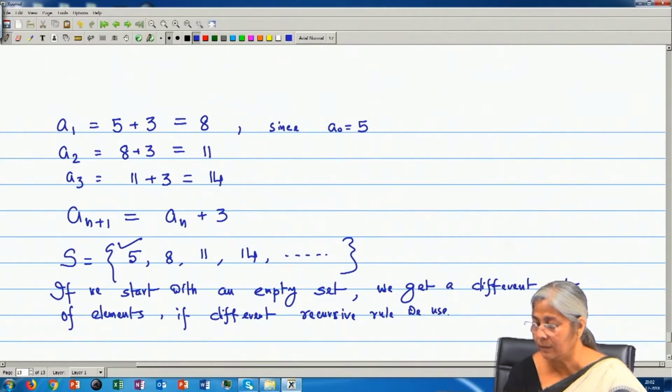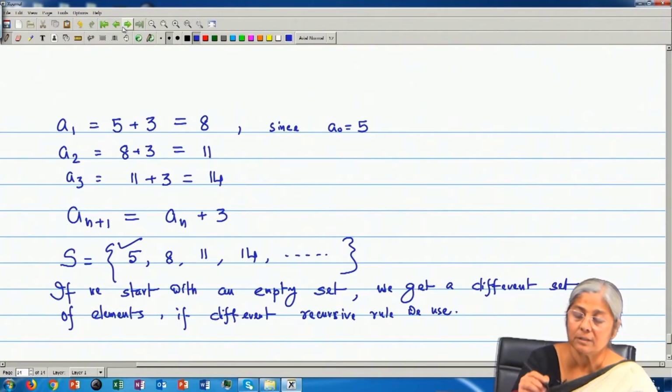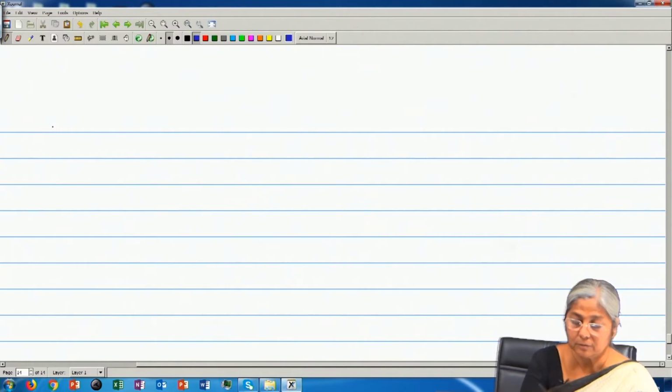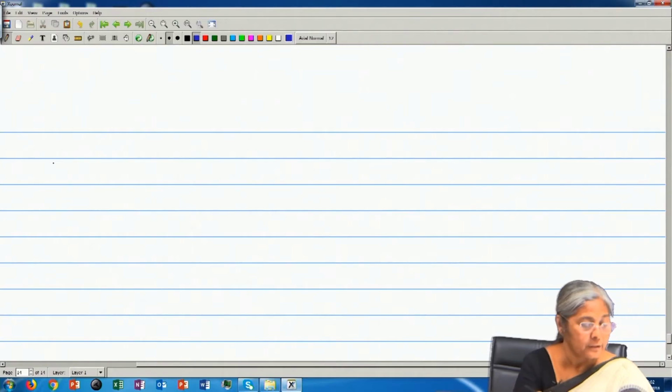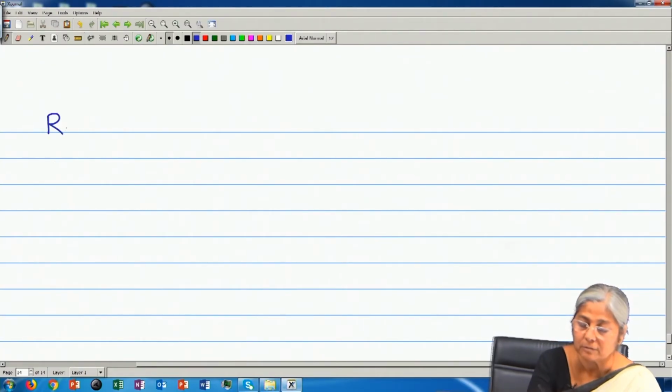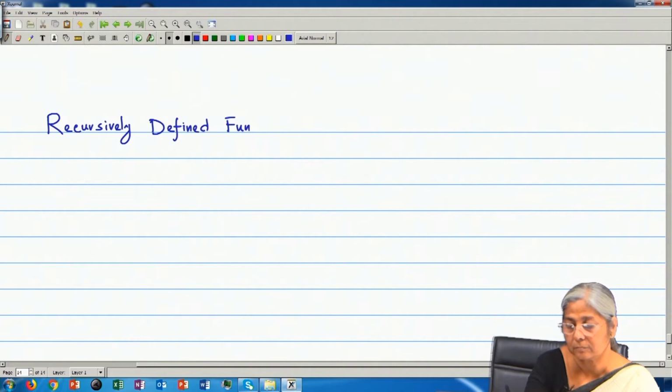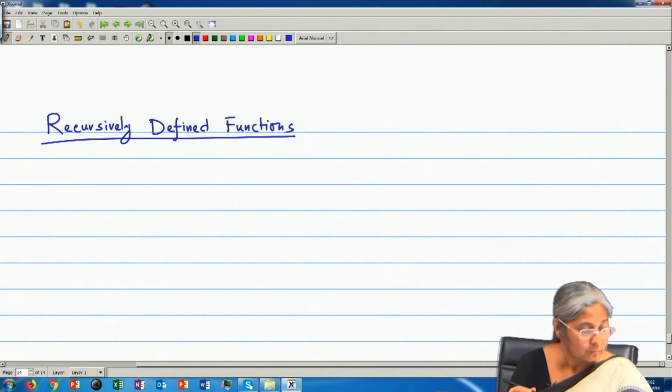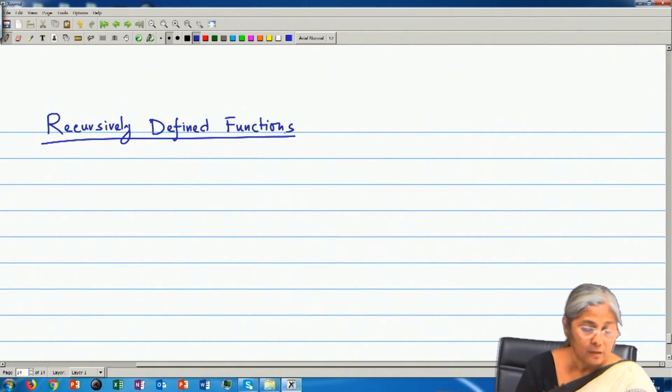Okay. Now, we see recursive functions, because that is most important, that we can define the recursively defined functions. Now, here always we have two steps.